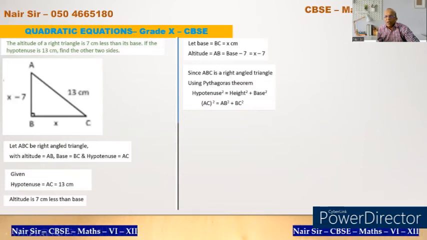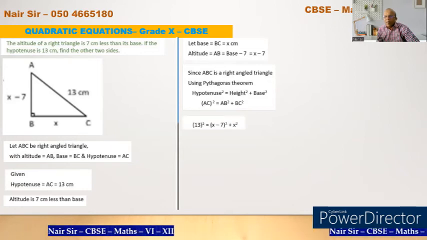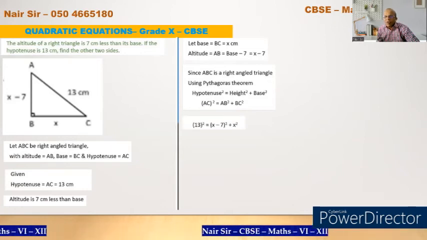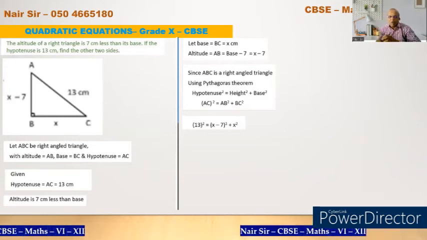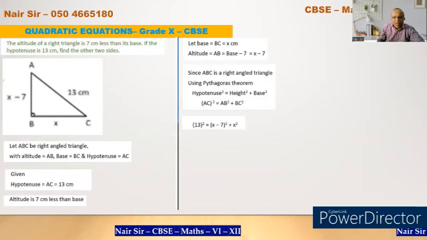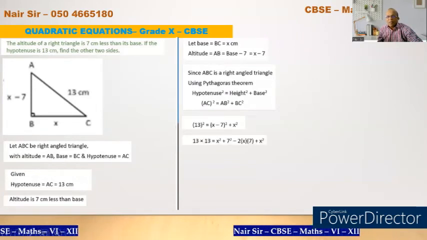Substituting the values, AC is 13, so 13 squared equals (x minus 7) the whole square plus x squared. For (x minus 7) the whole square, (a minus b) the whole square is equal to a squared minus 2ab plus b squared. This is going to solve it. Let's see what comes next. After this you can do it.